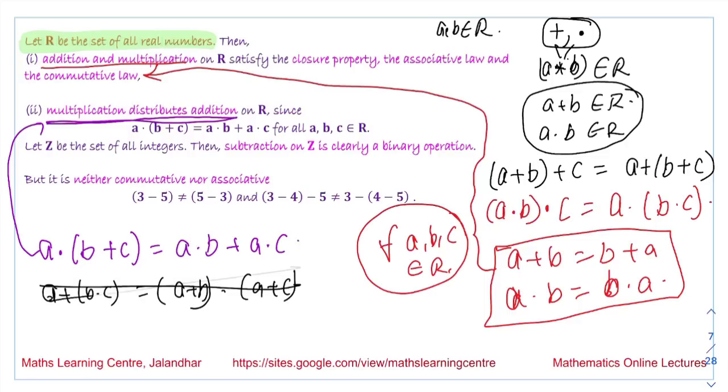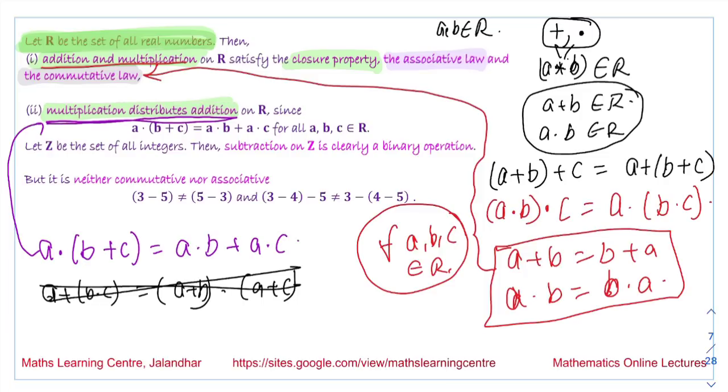So the set of real numbers with addition and multiplication satisfies the closure property, the associative law, the commutative law, and multiplication distributes over addition.